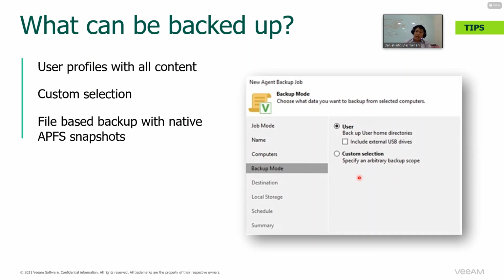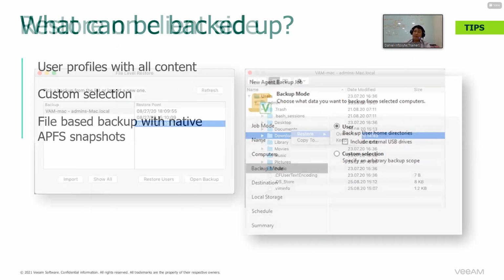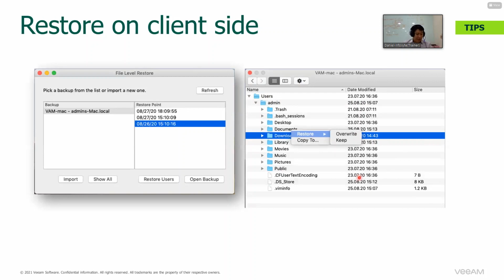Now the backup will be utilizing Apple file system snapshot, the APFS snapshot itself, to make sure the data is consistent before I back up the data set. So this will be rather easy if you are looking for a backup solution to support Mac data protection, for example. So Vim comes with this support altogether. If you're using Vim, this is additional support too if you have the version 11 update.